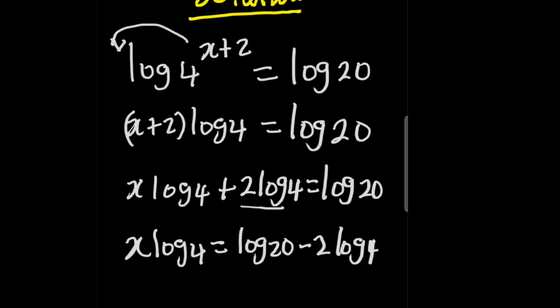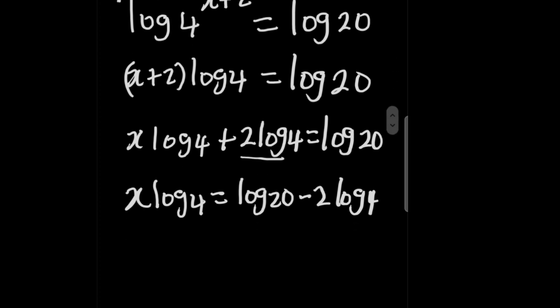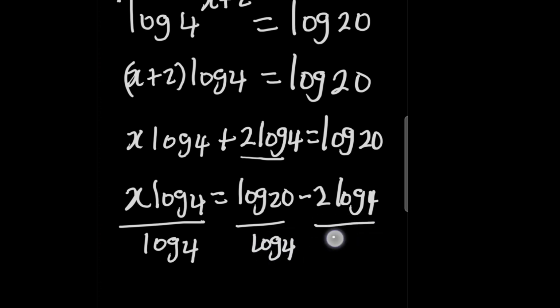So the next thing we're going to do, remember we're looking for the value of x, and here we have log 4 attached to x. So therefore, we're going to divide both sides by log of 4, in order to eliminate this log 4. So we divide this by log of 4, and also log 20 divided by log of 4, and also negative 2 log 4 divided by log of 4.